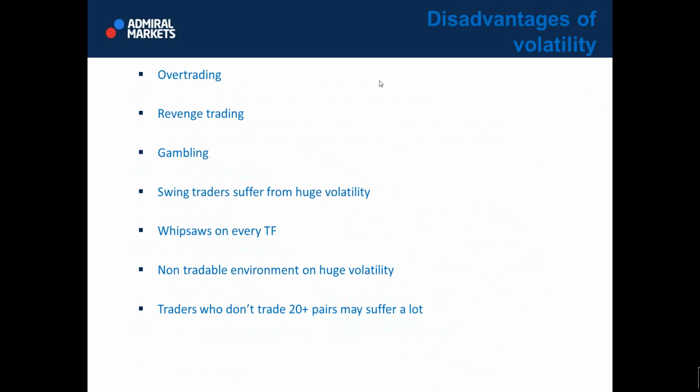Disadvantages of volatility. First, overtrading. The worst nightmare besides revenge trading is overtrading. If you want to overtrade, then you don't have a good psychology, guys.